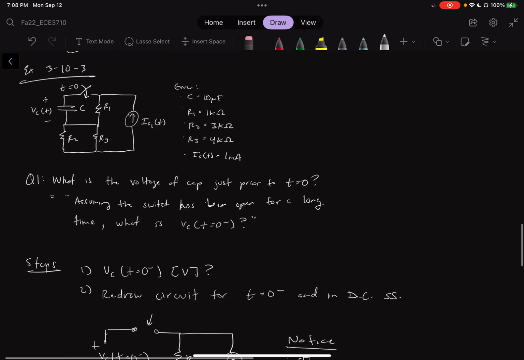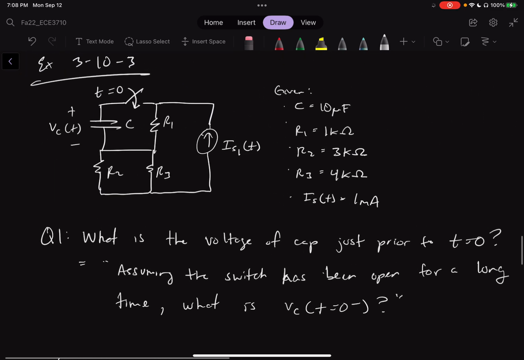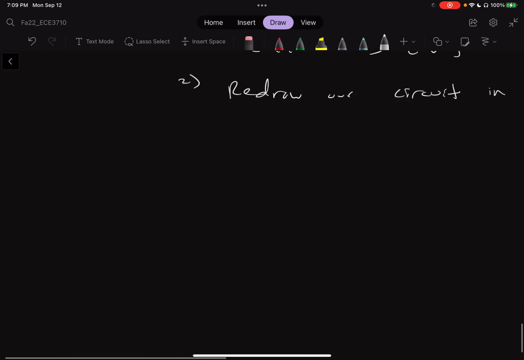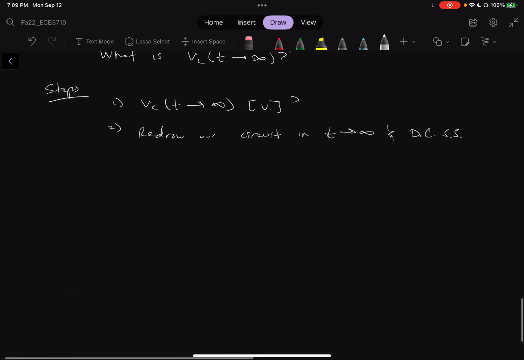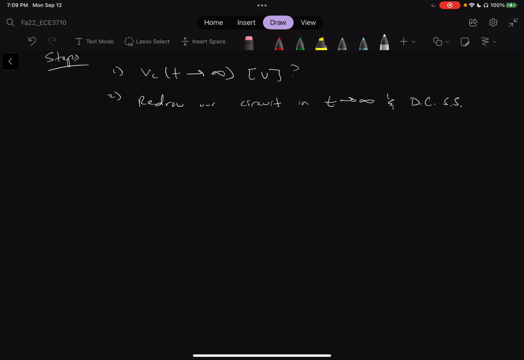So let's go back, look at our circuit. That means the switch is now closed because t is at infinity. So the switch is closed, capacitor becomes an open circuit, everything else stays the same. Switch is closed, we have the resistor, current source.